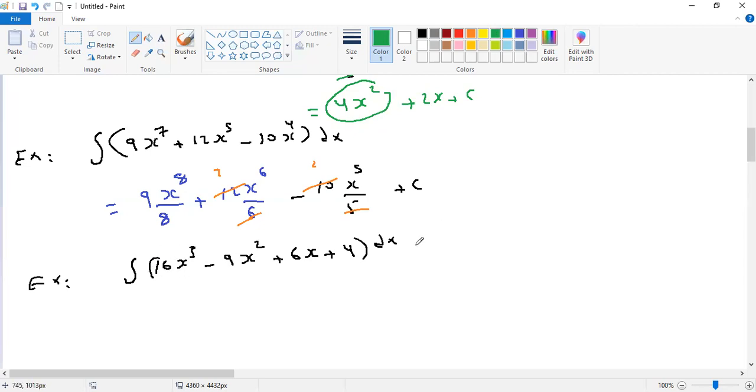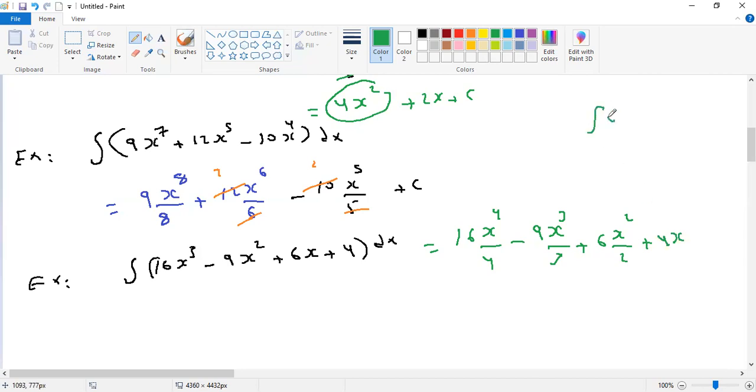The integral of the first one is 16x to the power 3, 3 plus 1 is 4, over 4, minus 9x to the power n plus 1, which is 3 over 3, plus 6x to the power 1, plus 1 will be x 2 over 2, plus 4. What about the 4? The integral of 4 is 4x.